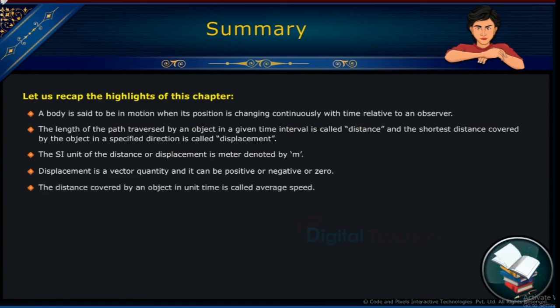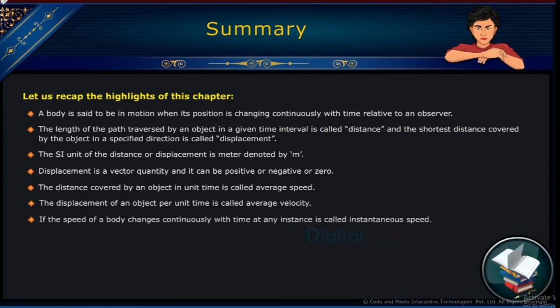The distance covered by an object in unit time is called average speed. The displacement of an object per unit time is called average velocity. The speed of a body at any instant is called instantaneous speed. The direction of velocity is tangent to the path at a point of interest.